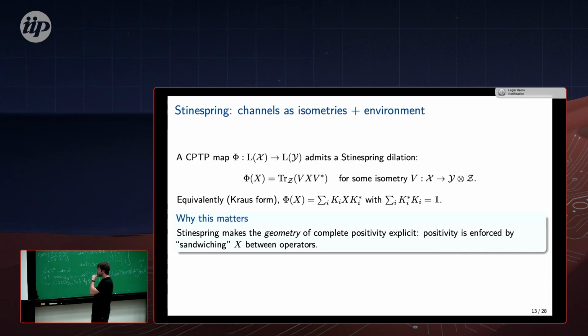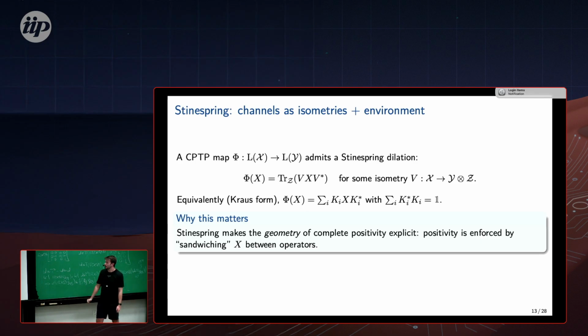So first, in the morning, I talked about this Kraus decomposition for these completely positive maps. And now I'm going to show you another way we can understand completely positive maps, which is the so-called Stein-Spring dilation.